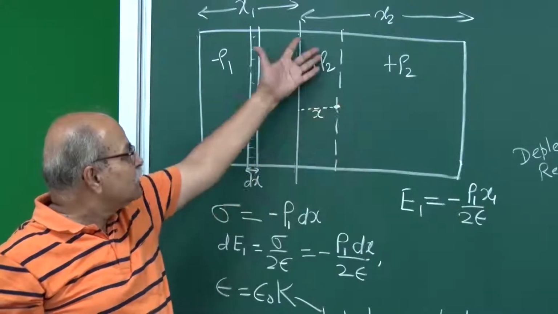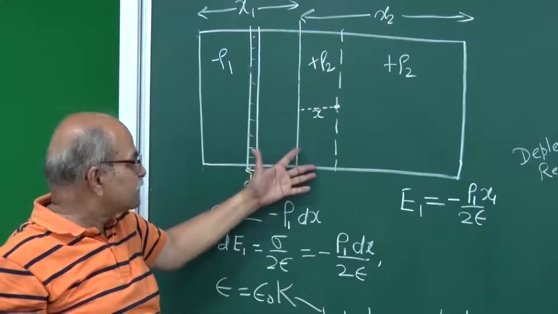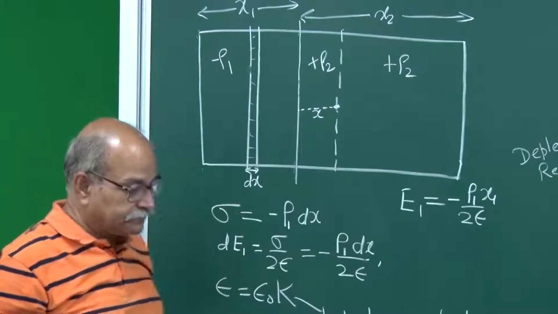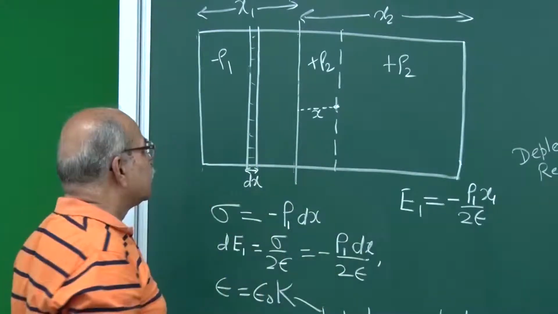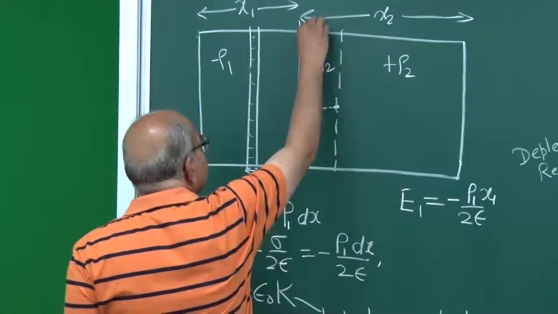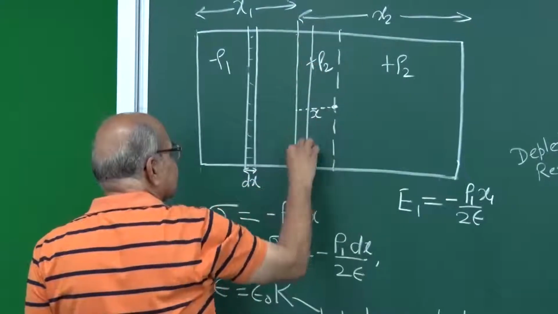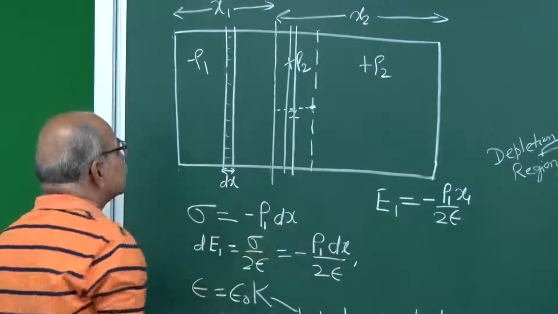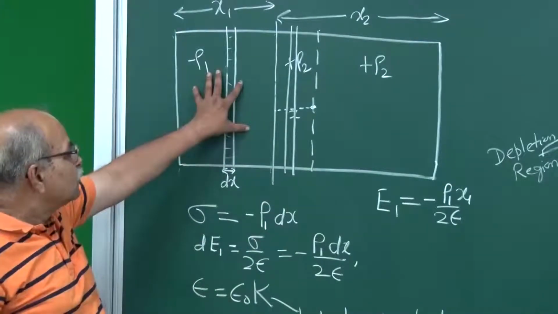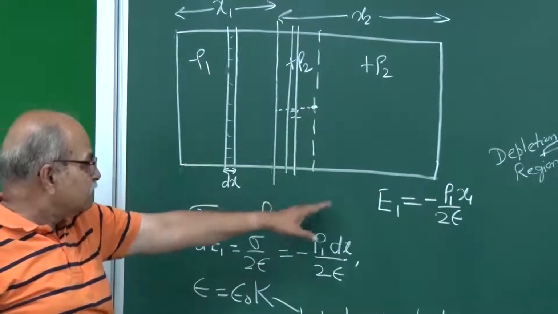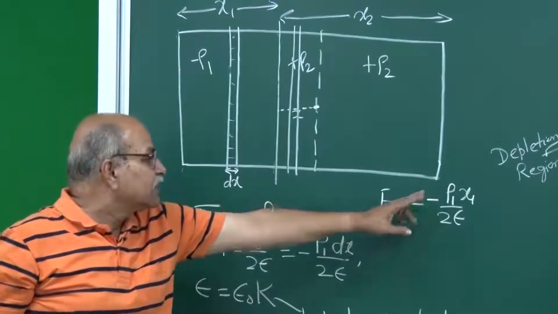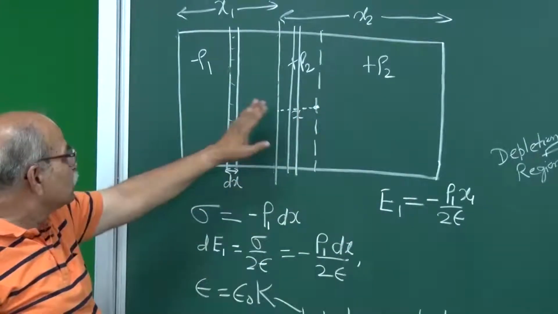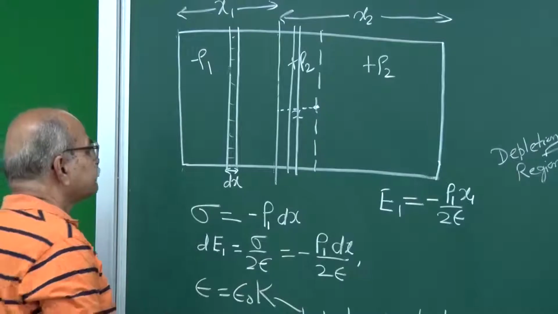Once again you can do a similar analysis, and here again you can take a small dx. By the way, this was negative charge, and so for the electric field that we have calculated, we have put the minus sign, so it is towards the left.